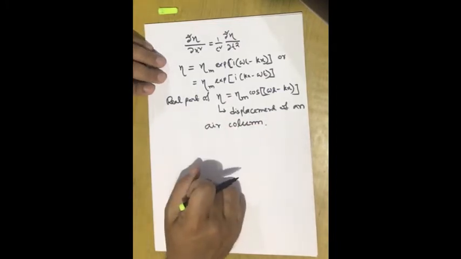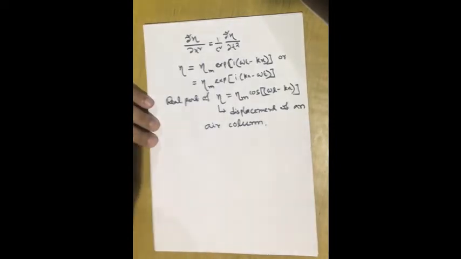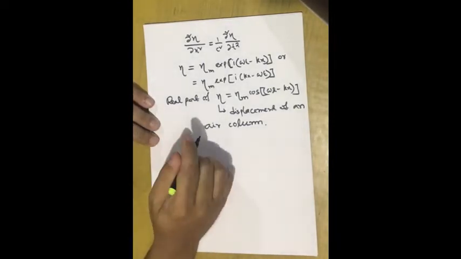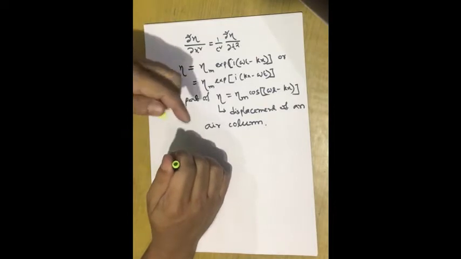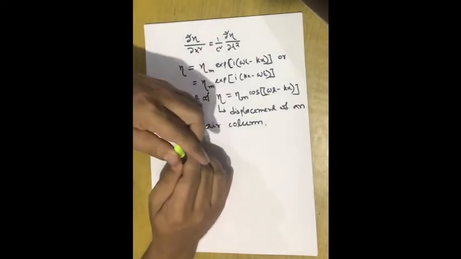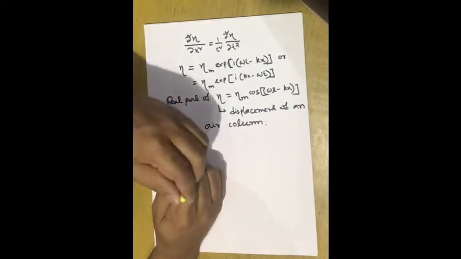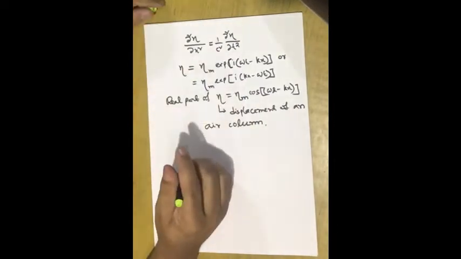Okay. Now from this expression, we are going to derive certain quantities. For example, we can find out the value of particle velocity, then volume strain, and also the excess pressure existing inside a sound wave.